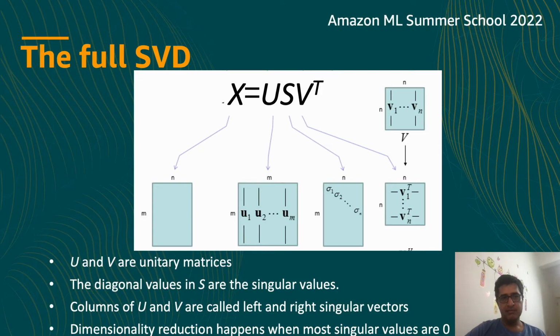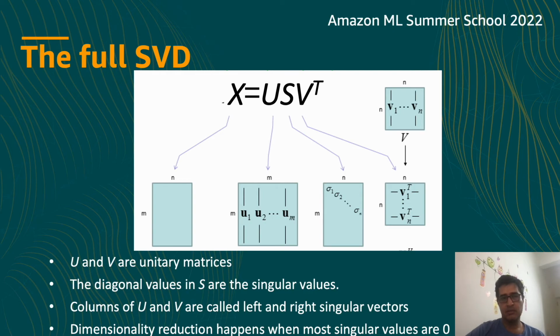So the structure of these matrices is that U and V are unitary matrices themselves. The diagonal values of S are singular values, and the columns of U and V are called left and right singular vectors themselves.